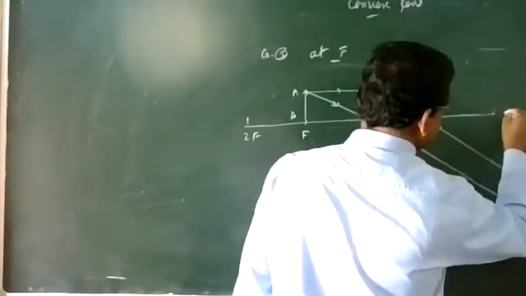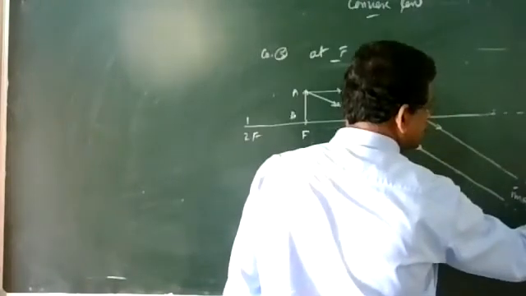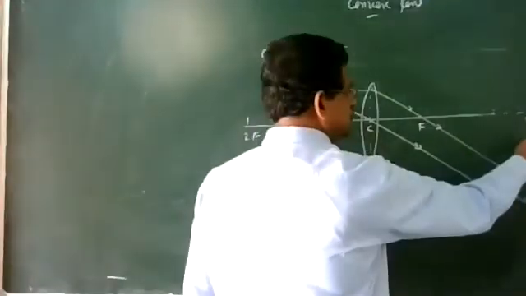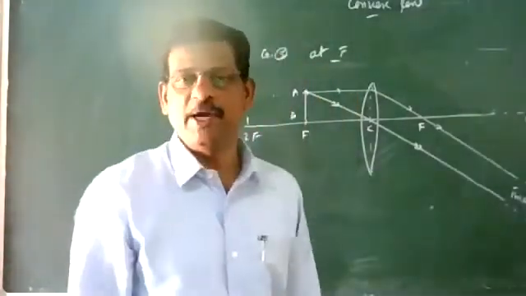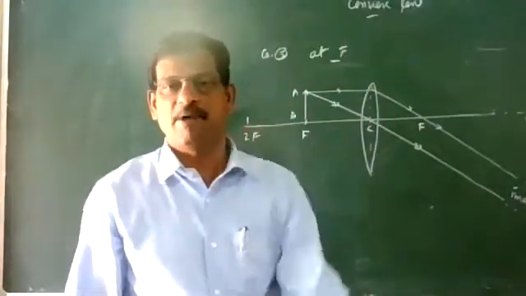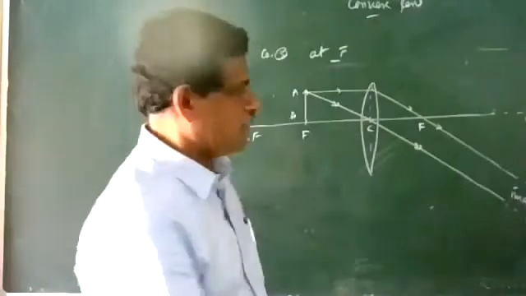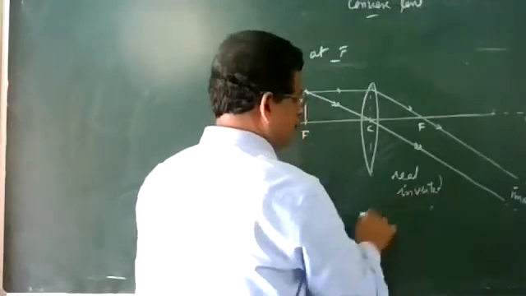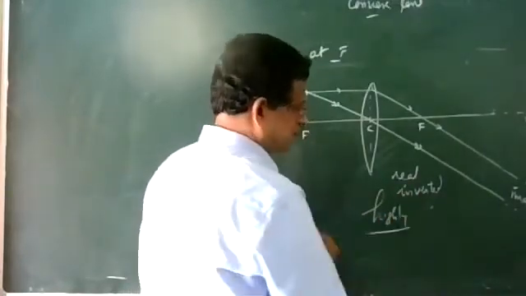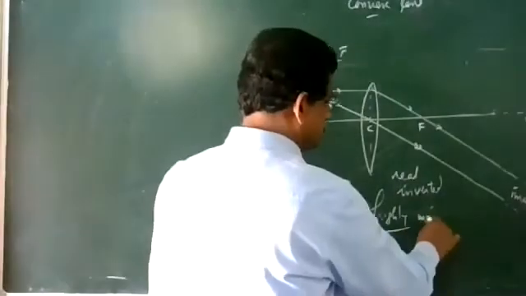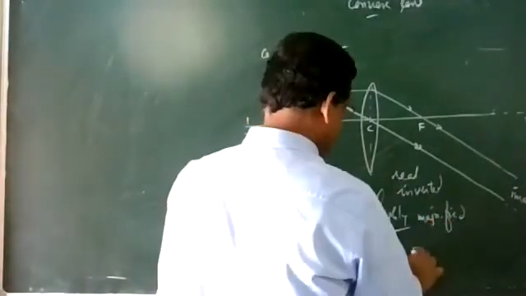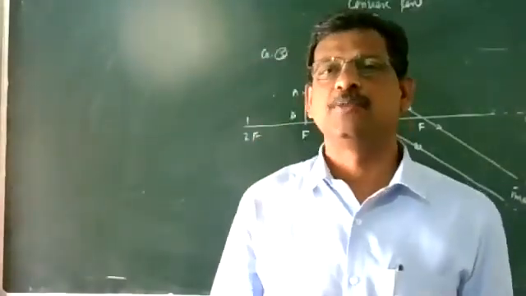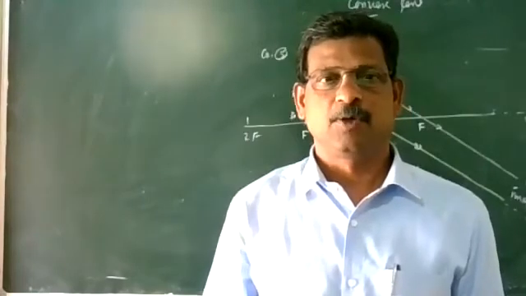You can see the distance of the image, as it goes, the size keeps increasing. So the image is formed at infinity, highly magnified image. Real, inverted, and highly magnified image. This is formed at infinity. So what is the condition for getting a highly magnified image? The object should be at the focus.